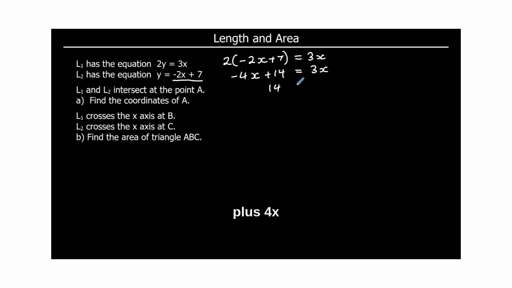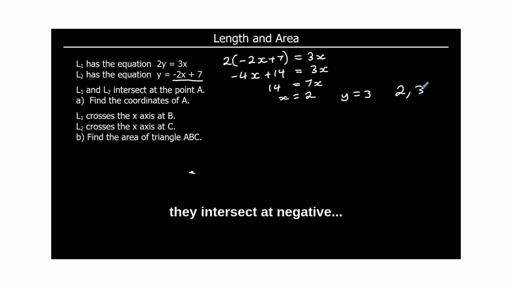Plus 4x to both sides, divide by 7. X is 2. Y equals negative 2x plus 7. Negative 2 2's, negative 4 plus 7 is 3. So they intersect at 2, 3.